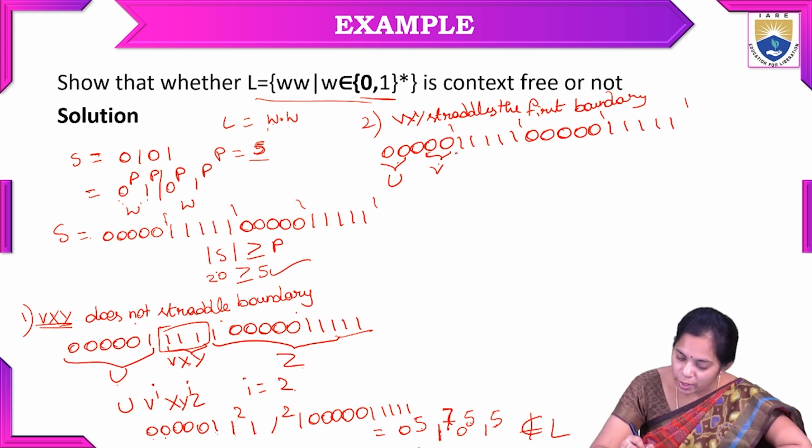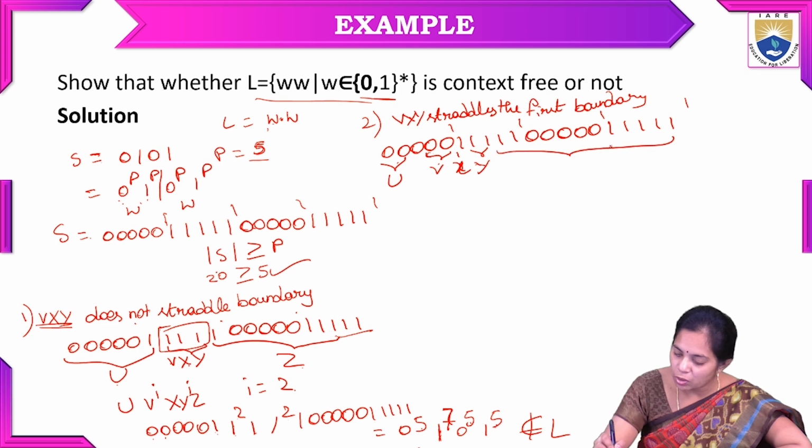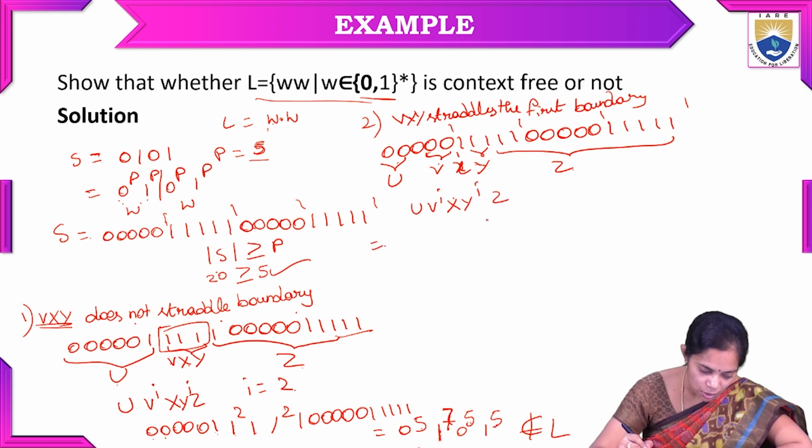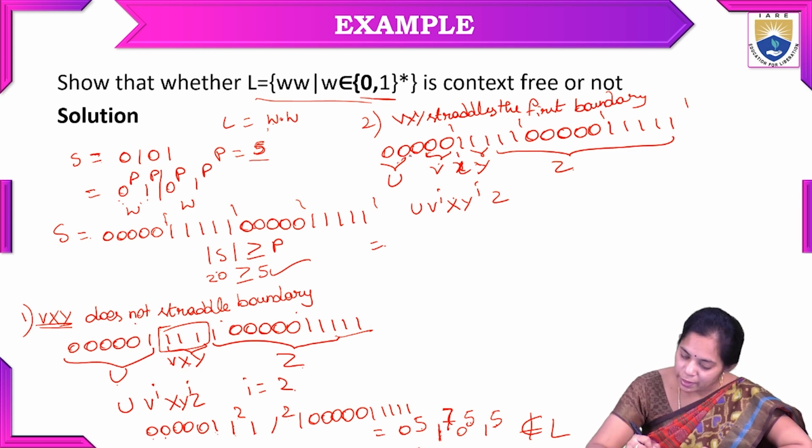So here one is x, and here the y value. We are taking two values for y, and the remaining is all z. And again we have to check for u, v power i, x, y power i and z.